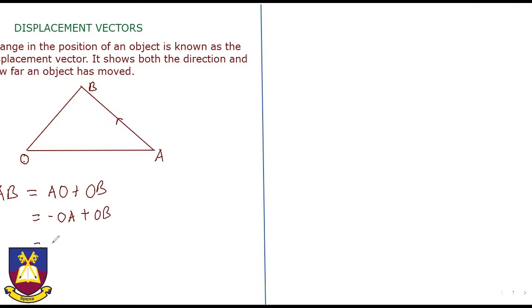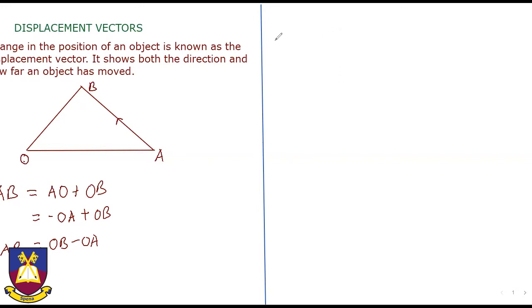And this comes to OB minus OA if we rearrange this. So that's how we shall get direction vector or displacement vector AB. And that shows us that every time we're looking for displacement vectors, we're going to get the final position vector minus the initial position vector.